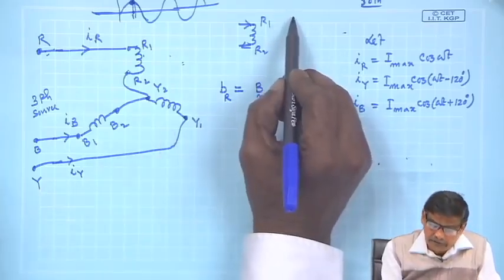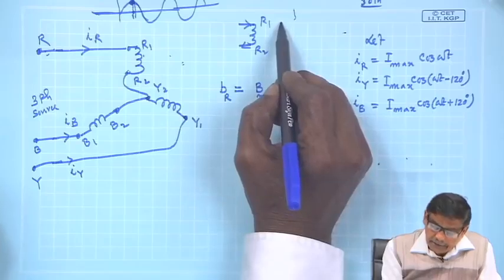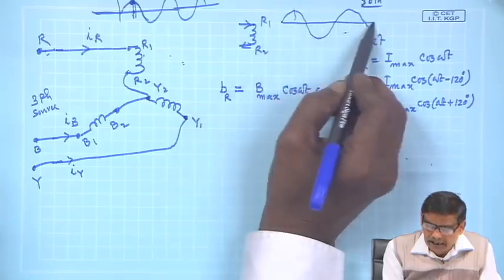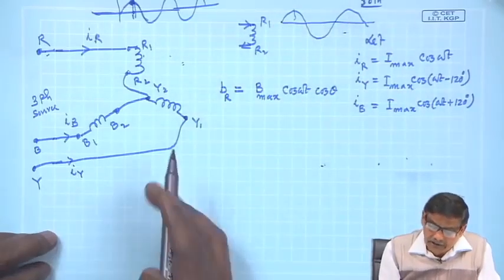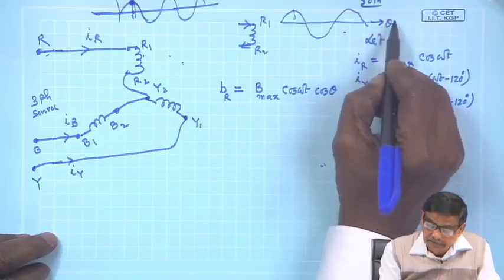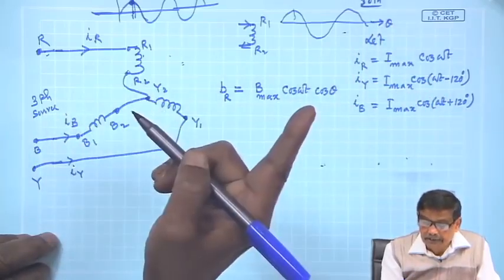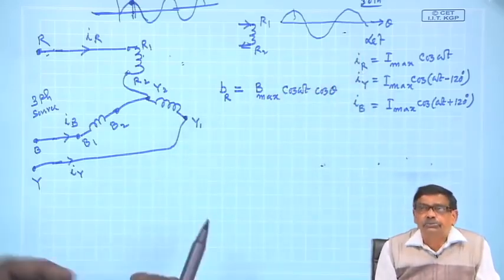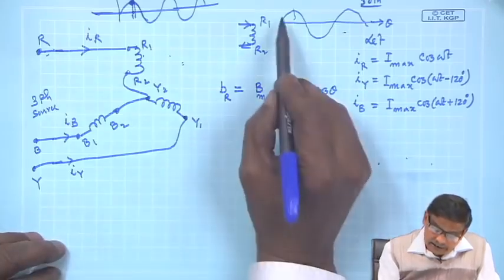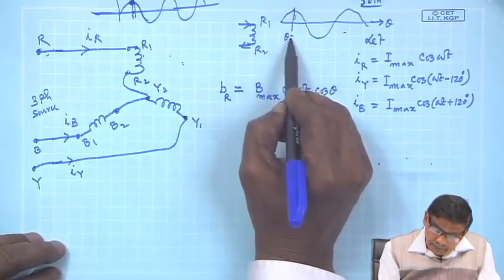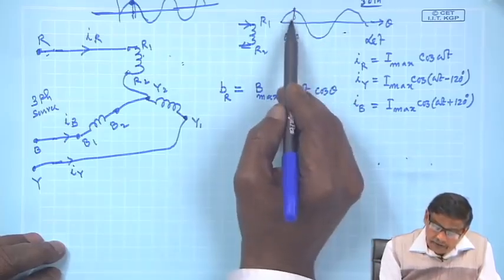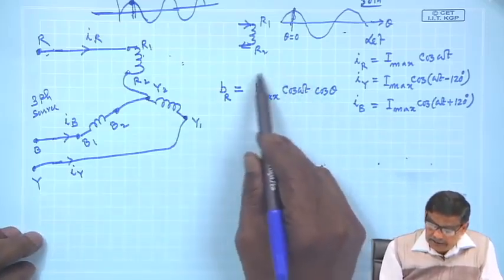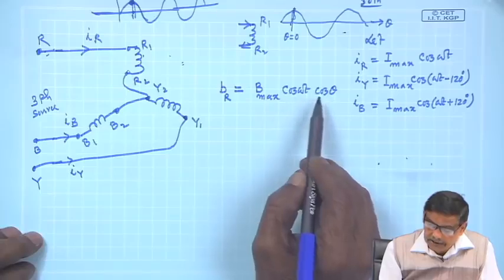Once again, you must be very clear in your mind. B distribution in space is sinusoidal, at least for the fundamental component, or more or less sinusoidal as I have made it. This is my space angle. In the air gap, I want to define a point, so the choice is entirely with me to choose theta equal to 0. I have chosen theta equal to 0 where B max is maximum, say the center of the south pole. So, this becomes B max cos omega t cos theta.